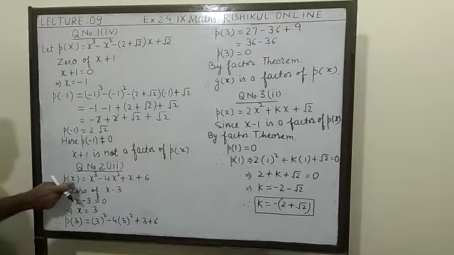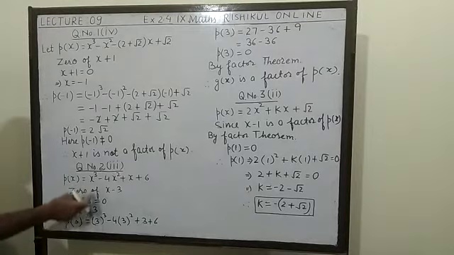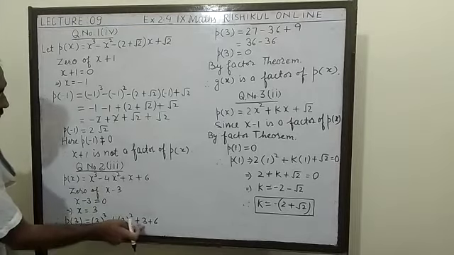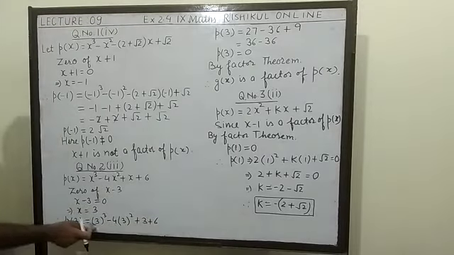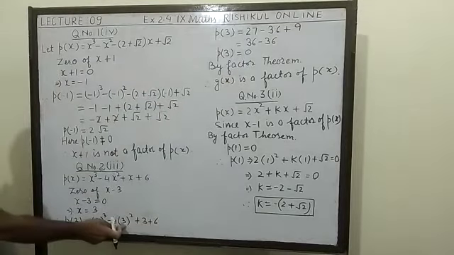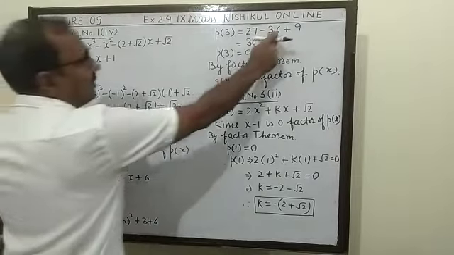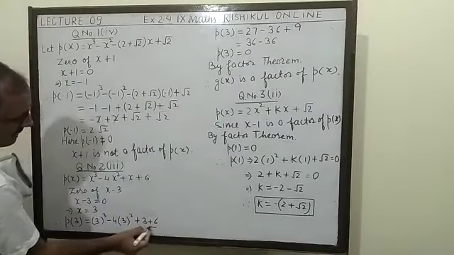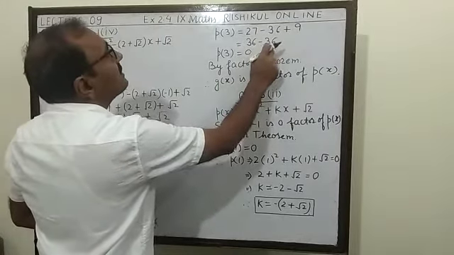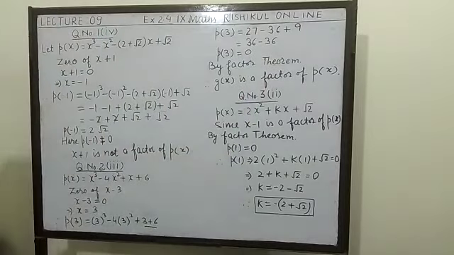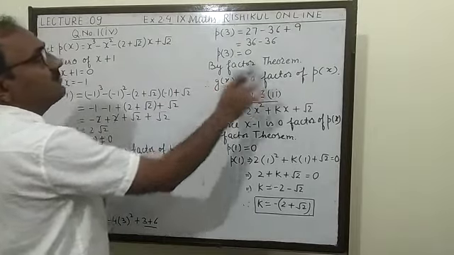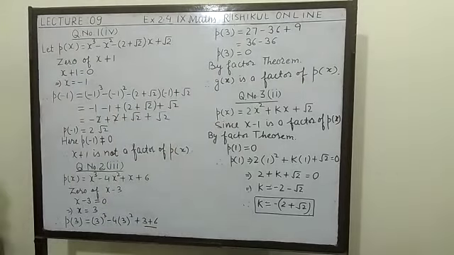Put here in place of x: 3 cube minus 4 into 3 square plus 3 plus 6. 3 cube, 3 into 3 into 3, is 27. 3 threes are 9, 4 nines are 36, plus 3, plus 6, add together: 27 plus 9 is 36, minus 36 equals 0. After putting it, the remainder is equal to 0, so you can say that by the factor theorem g of x is a factor of P of x. It is clear?